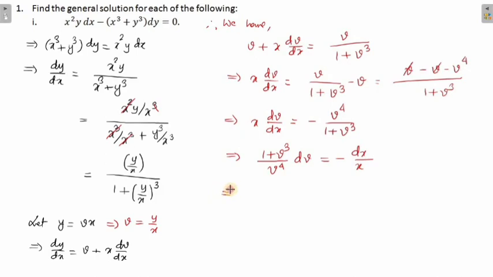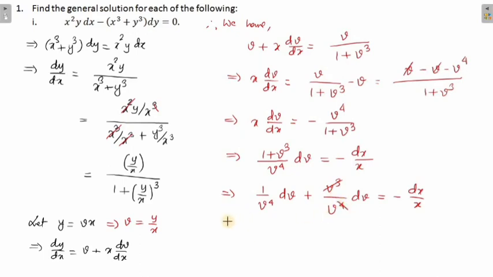Let me simplify this further. You can write this as 1 by v to the power 4 dv plus v cube by v to the power 4 dv is equal to minus dx by x. Now you can integrate both sides.